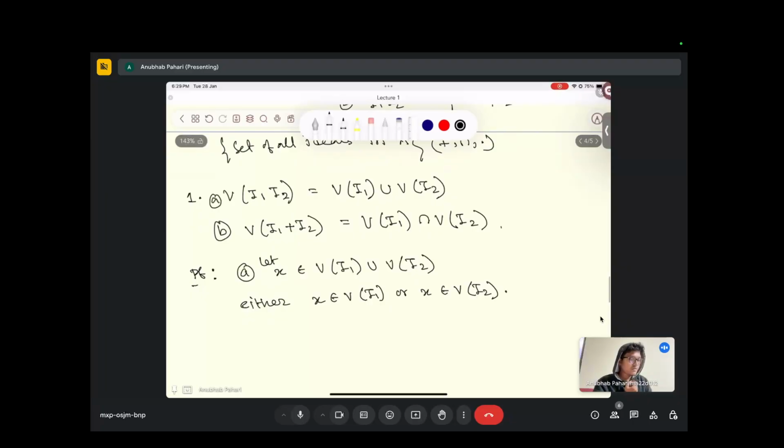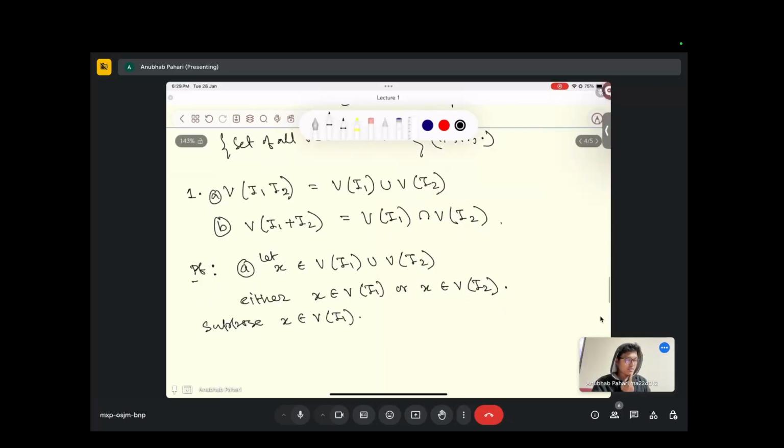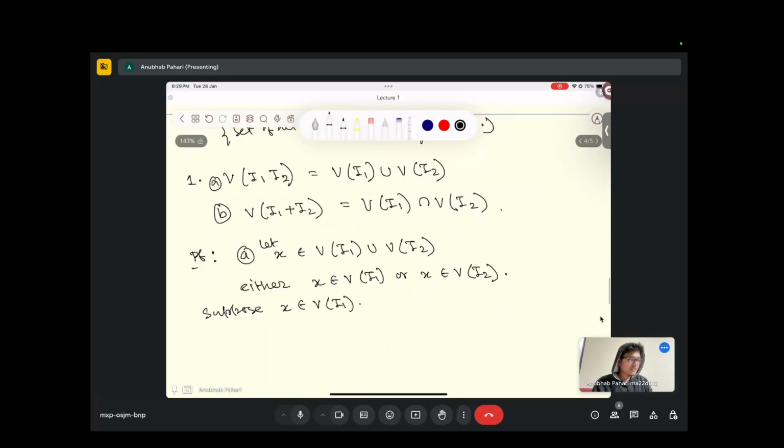So suppose x belongs to V(I1), so you can see that for every f belongs to I1, f of x is 0.